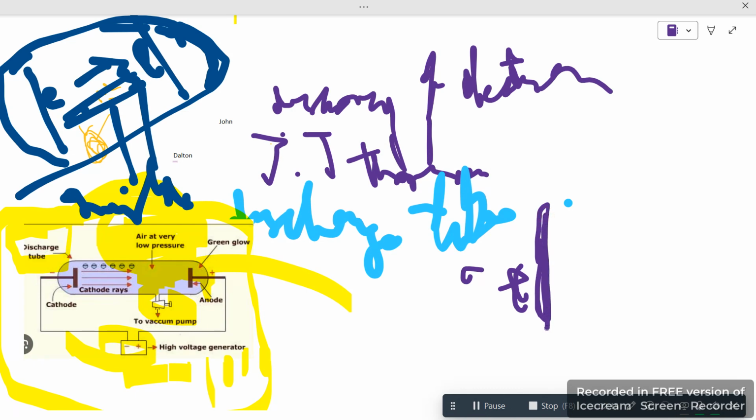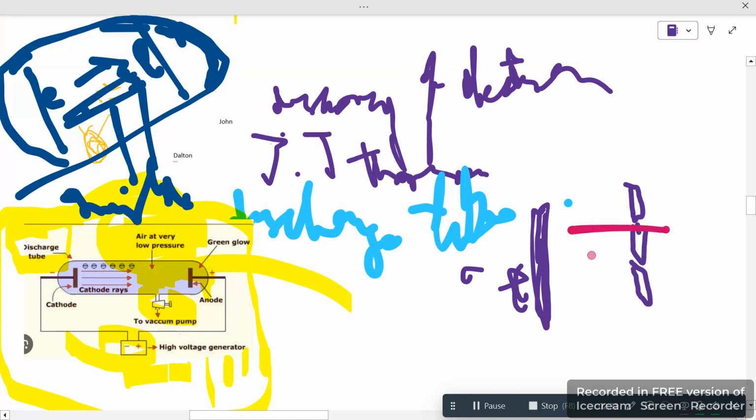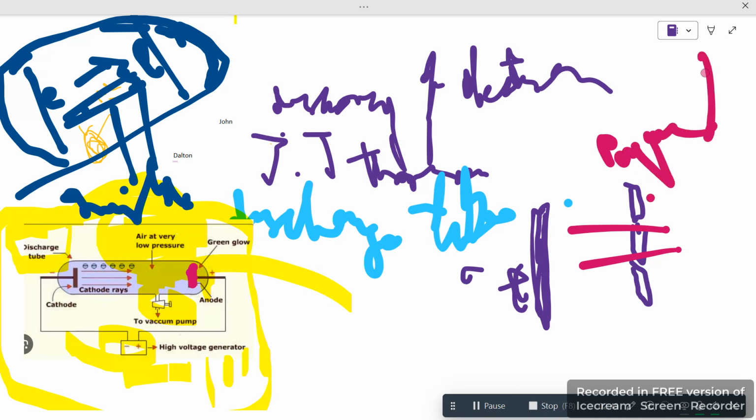If I make holes in it, so that there is a space between, I would call this the perforated anode, which means it has holes.